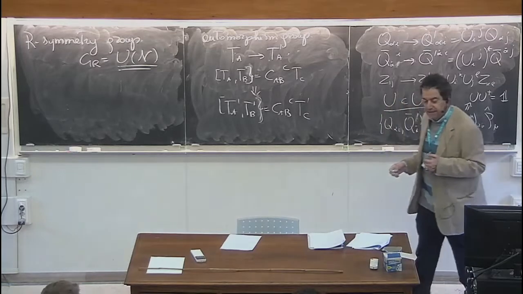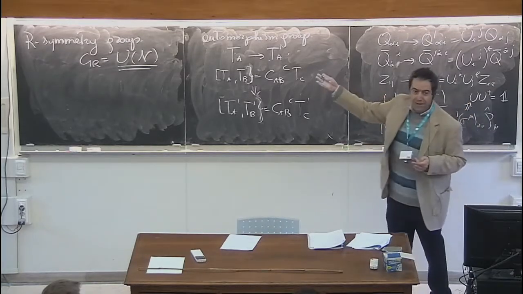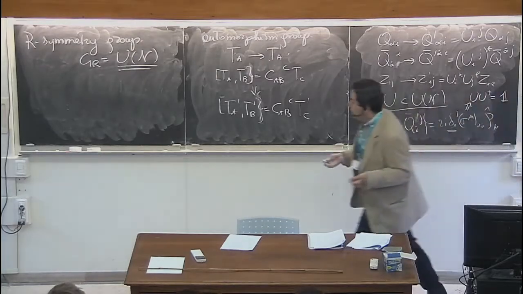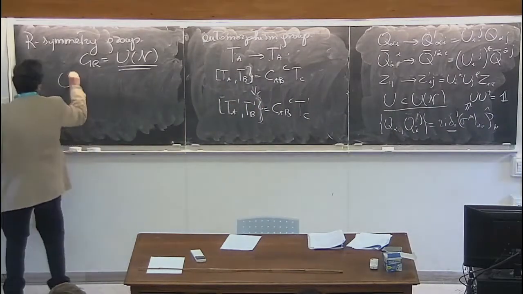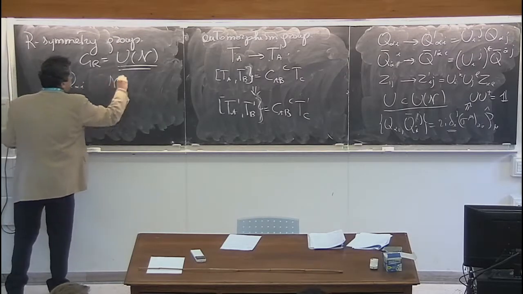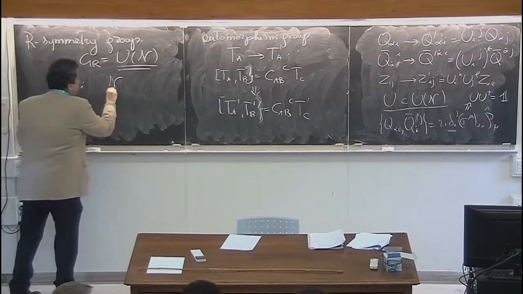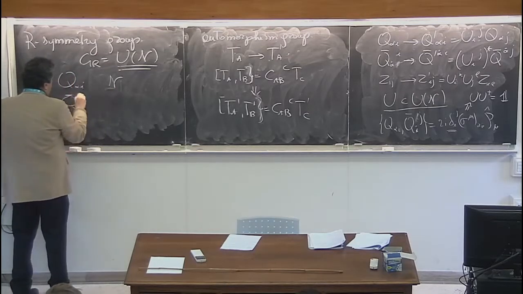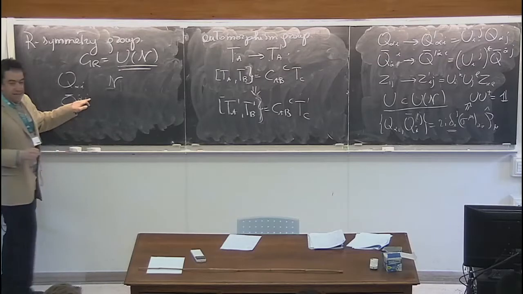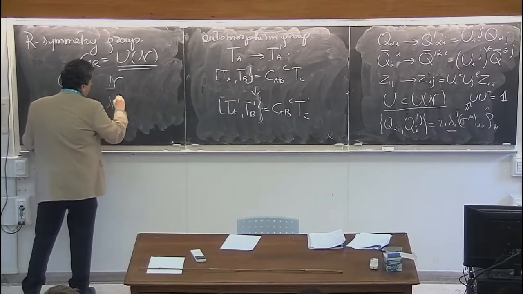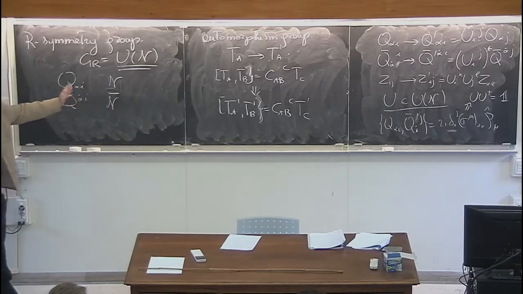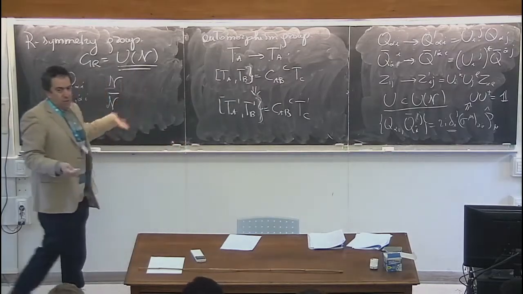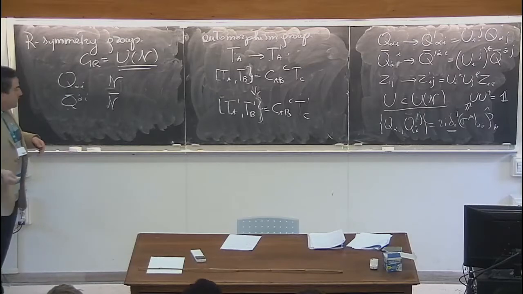But this is the most general automorphism group acting on the internal index. Clearly, U(n) is not manifest if we work with Majorana spinors. Why? Q_α^I transforms in the representation n of U(n). Q̄_α̇I, which has an upper I, transforms in the representation n bar, and the two are inequivalent, unless n equals 2.